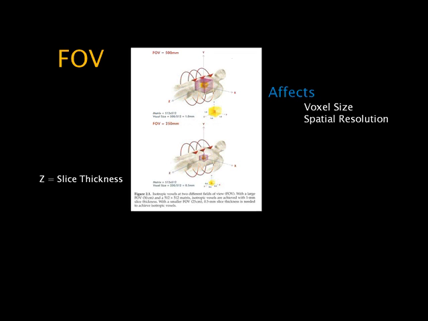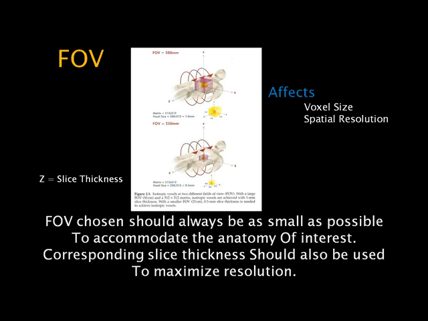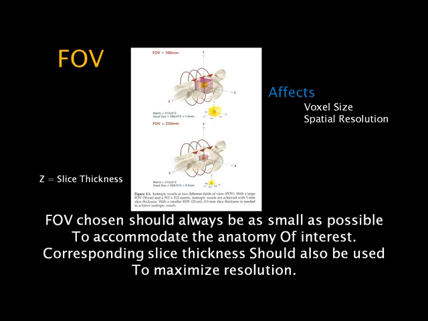Now looking at the top image with a larger field of view of 50 centimeters or 500 millimeters, the pixel size increases to 1.0 millimeters. So an isotropic voxel would only require 1 millimeter slice thickness. This fact is incorporated into protocol design. The field of view chosen should always be as small as possible to accommodate the anatomy of interest. The corresponding slice thickness should also be used to maximize resolution.